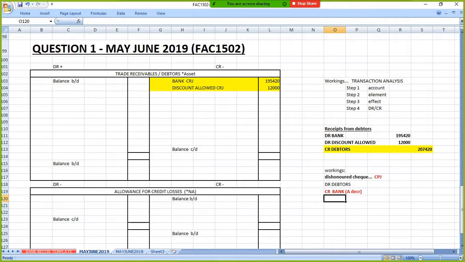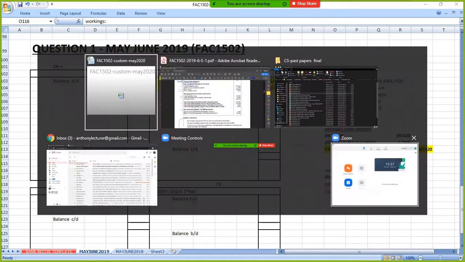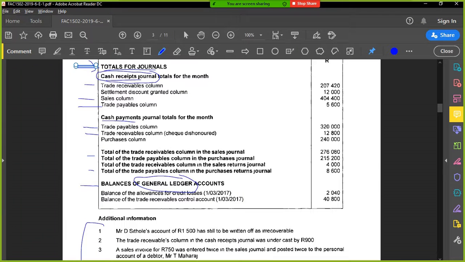Just apply what you know. What journal am I looking at here? Cash payments journal. What do I have in a cash payments journal? Credit bank, always. What will I have for a debit? Lots of different things. If I pay for water and electricity, I'll have that there. If I pay for an asset, I'll have that there. If I pay for a dishonored check, I'll have debtors there. Does that make sense? Yes.